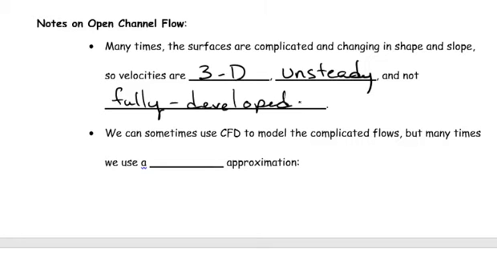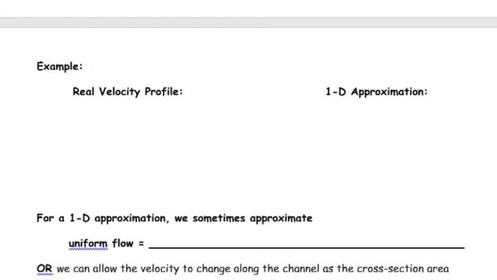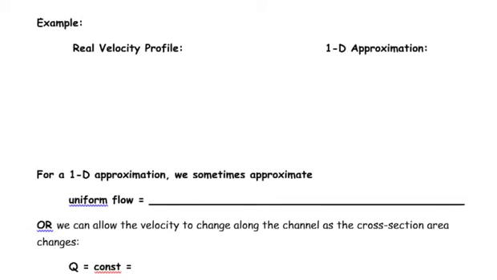So a lot of times if you're talking about a river, it's not 1D, it's not steady state, it's not fully developed. So when we're talking about these complicated flows, it gets very, very complicated. So we can use CFD sometimes, or if we're just trying to get rough approximations, we will use a 1D approximation. Or if it's possible, maybe we do have a very simple canal or something with a simple cross section, and we can assume that we don't have 3D, unsteady, not fully developed.